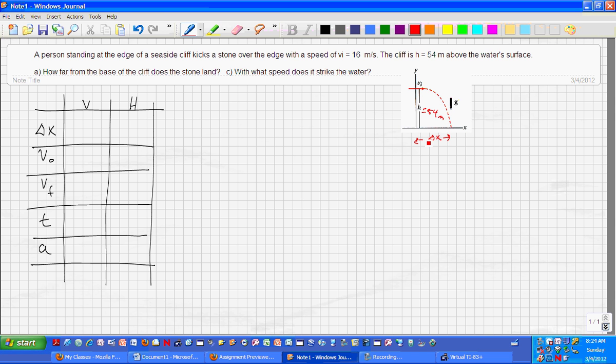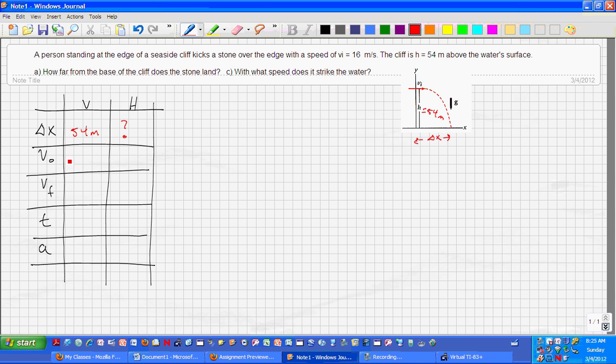Let's go ahead and fill in our table. Horizontal change in position is our question mark. In other words, how far away from the base of the cliff does it land? Vertical, we've got a 54 meter high cliff.